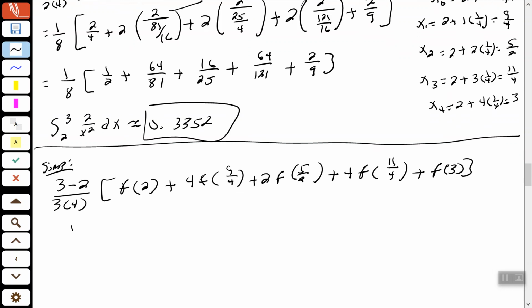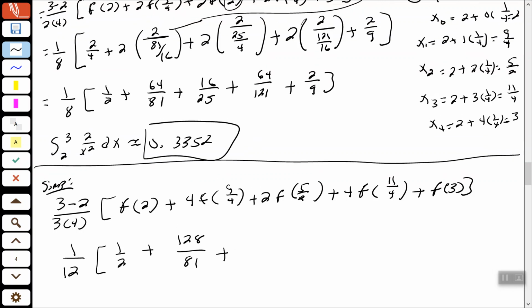Using some of the calculations above, I know f of 2 gives me 1/2. I know that on the second one I had 2 times 2 over 81 over 16. So this is 4 times 2 times 16 over 81. So that's just going to double this, make that 128 over 81. And then 2, I've already calculated that one right here. So it's 16 over 25. And then on this last one I had 2 times, so here I have 4, so I'm just going to double this again.